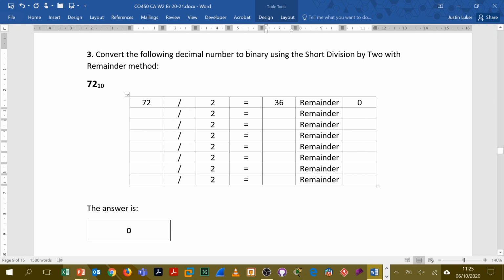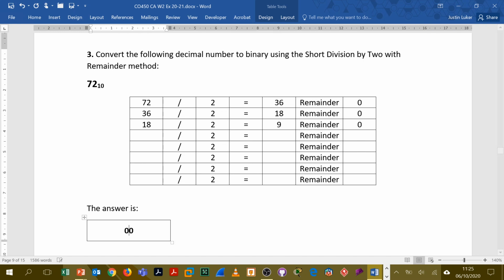I'm going to think. So 36, again, even. So it's going to be a 0. So 36 divided by 2 is 18. And again, 18, even number. That's going to be 9.